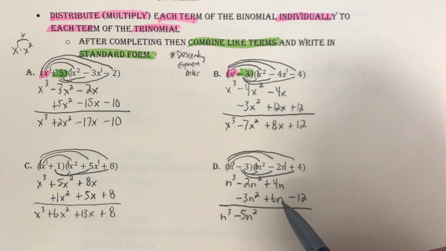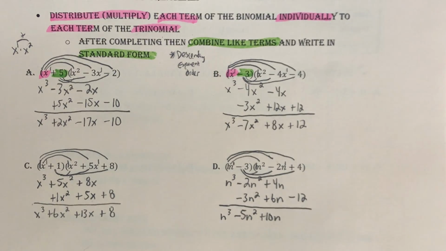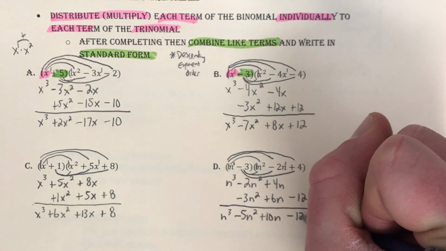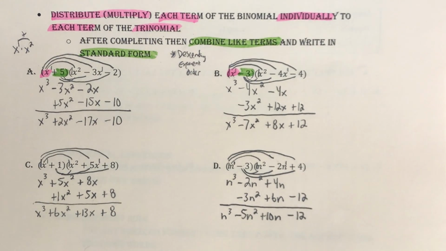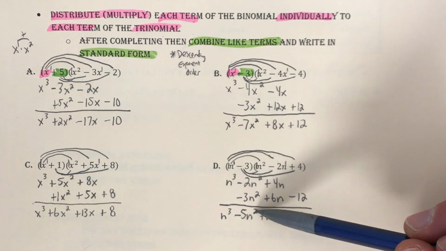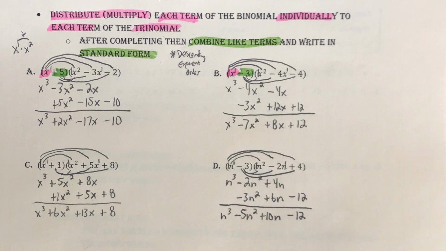Positive 4n and positive 6n. 4 plus 6 is positive 10, and they again are n type of terms. And then negative 12, nothing to combine that with as well, so that comes down as it is. Now it should be in descending exponent order, but let's check. 3, 2, 1, constant at the end. So that is my final answer.